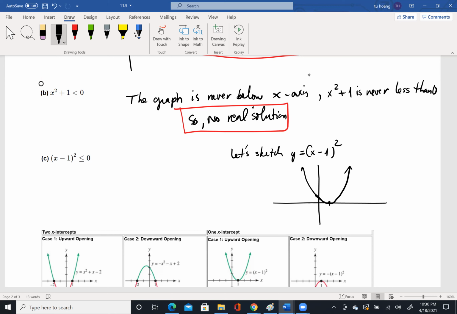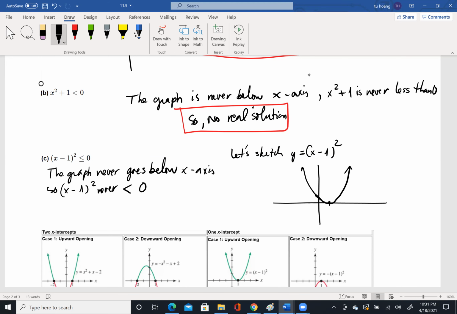Okay, so I'm gonna say the graph never goes below the x-axis. So x minus 1 squared is never less than 0.